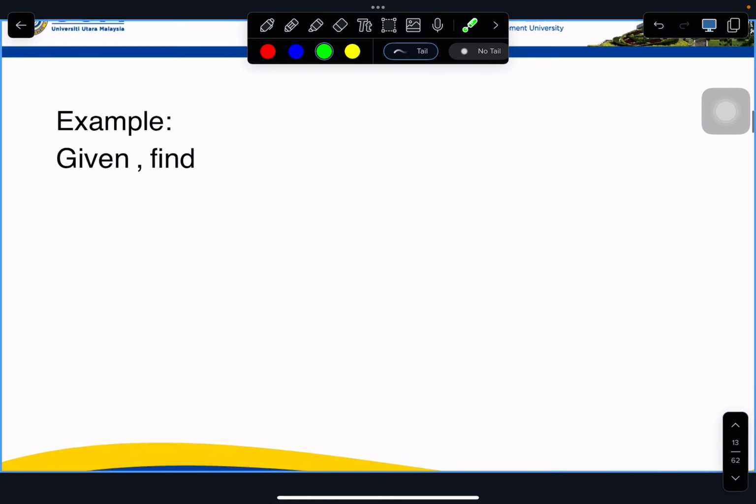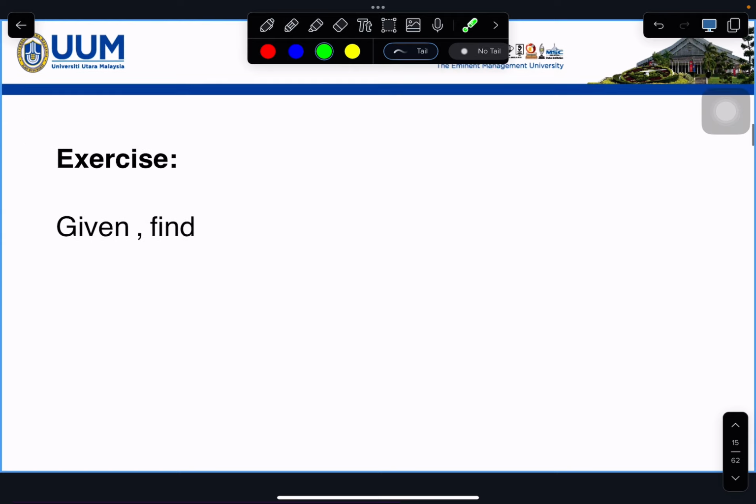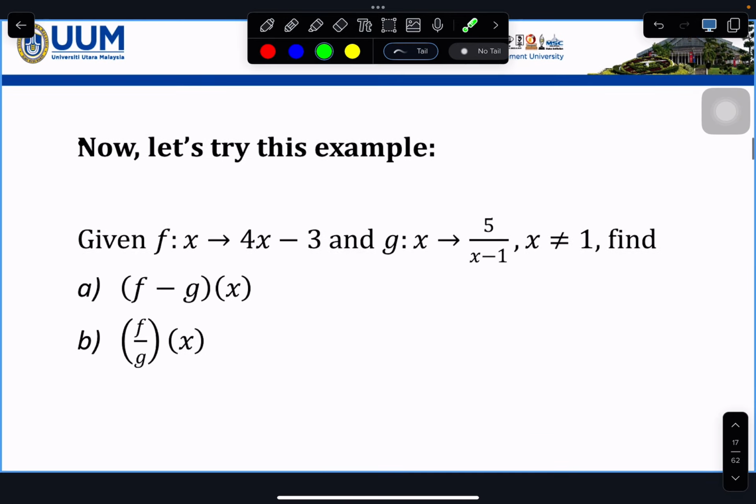Where is the question? Given, fine. Exercise, operational functions. Where is this one?